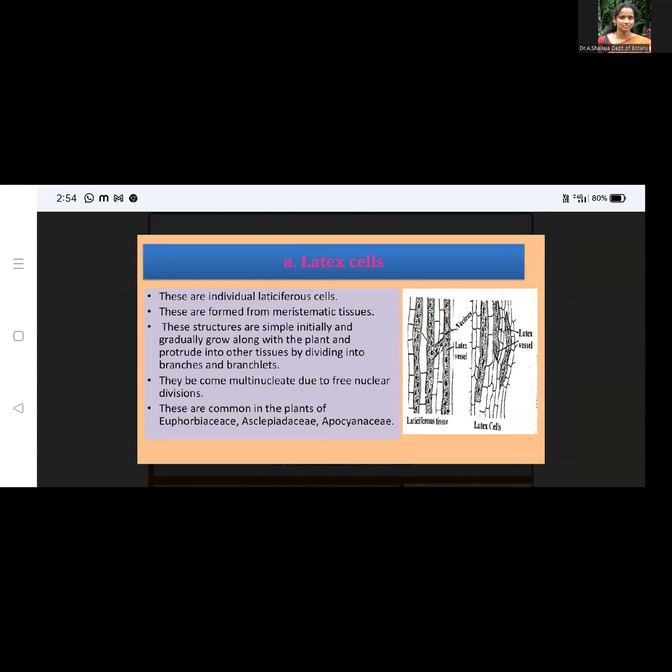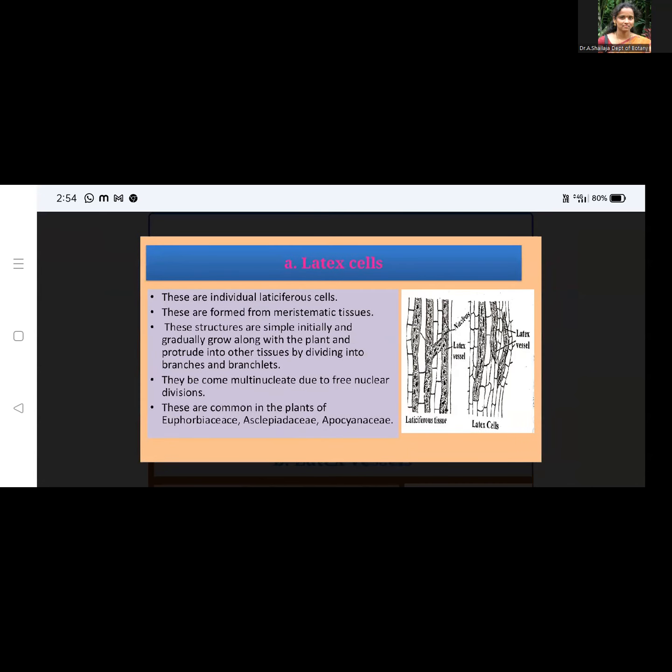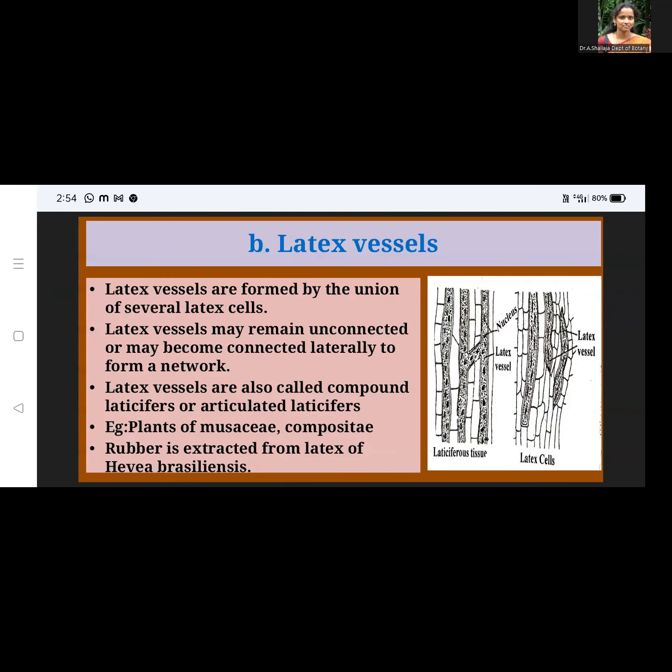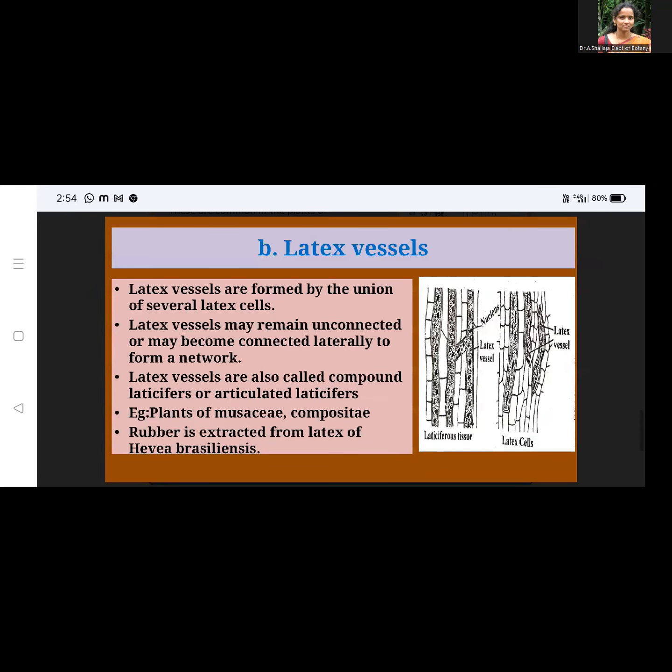Next, the latex vessels are formed by the union of several latex cells. The individual one is called a latex cell, and those formed by the union of several latex cells are latex vessels.